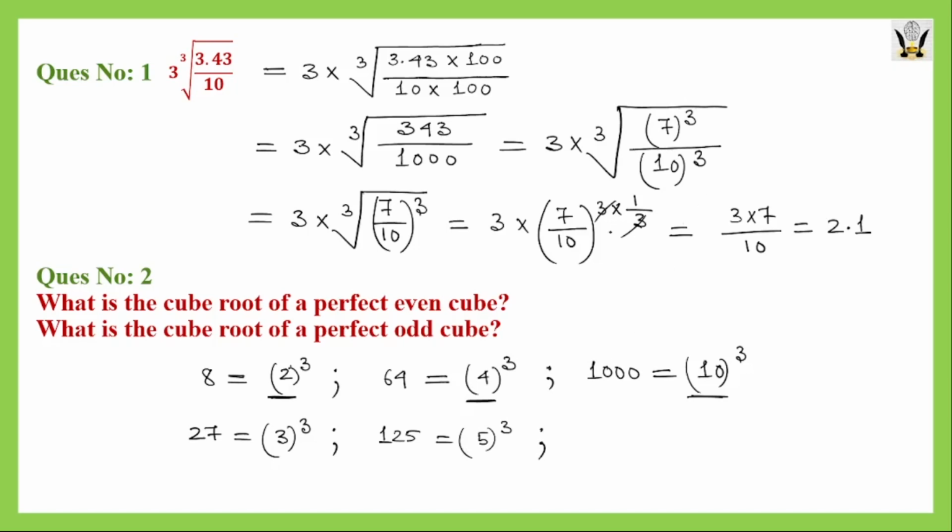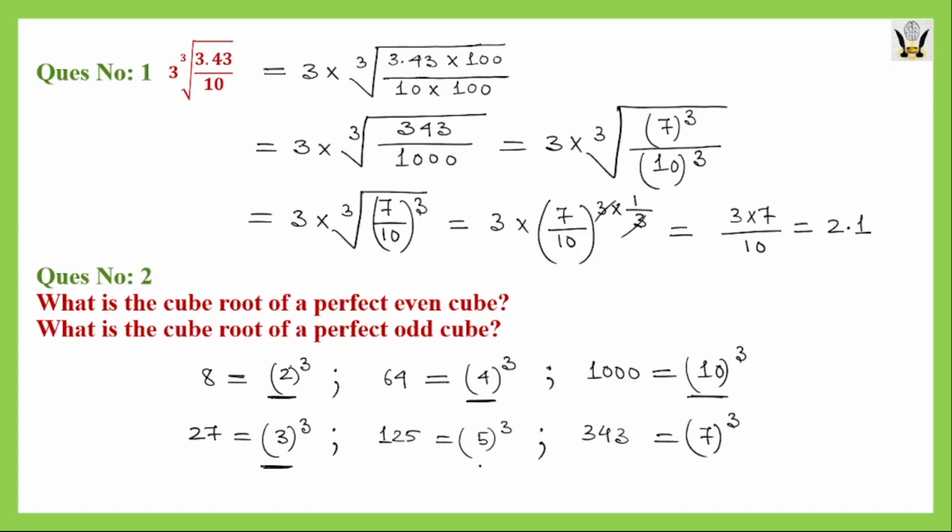Similarly, the example that we have seen in the previous case, 343, which is also a perfect odd cube, is cube of 7, which is also an odd number. So what we can conclude here is a perfect odd cube is a cube of an odd number.